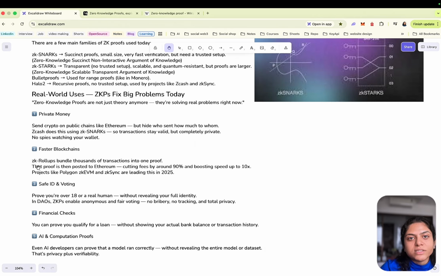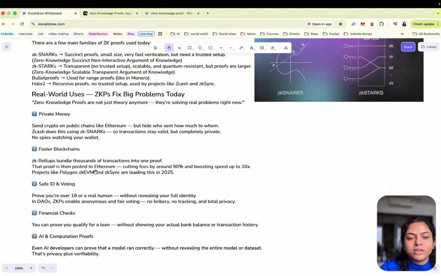Faster blockchain. zk-Rollups bundle thousands of transactions into one proof. That proof is posted to Ethereum, cutting fees by around 90% and boosting speed up to 10x. Projects like Polygon zkEVM and zkSync are leading, in 2025. In zk-Rollups, thousands of transactions run in one bundle, so all the proofs and transactions run at one time.